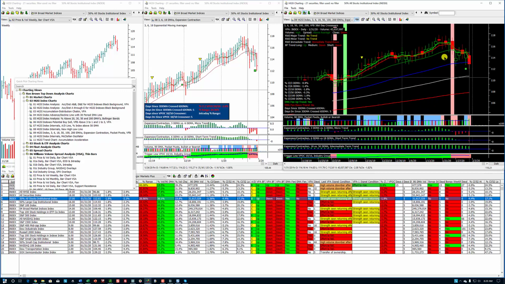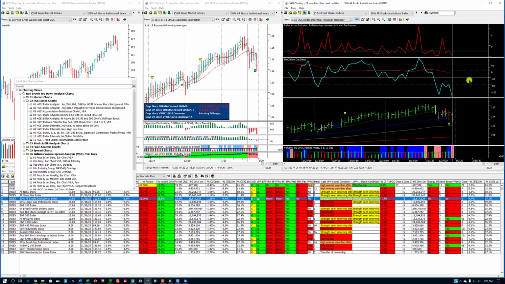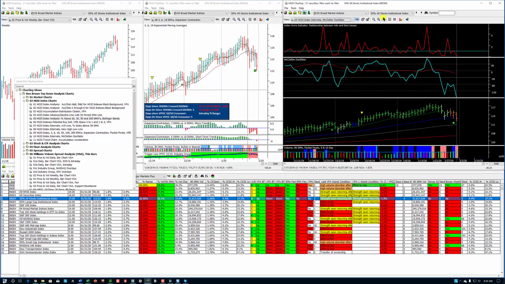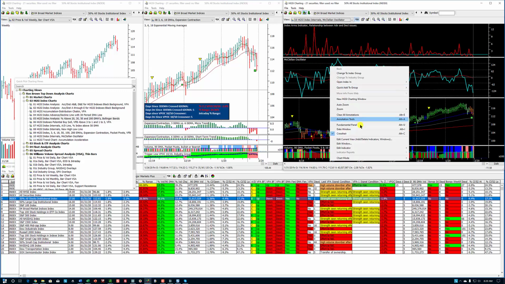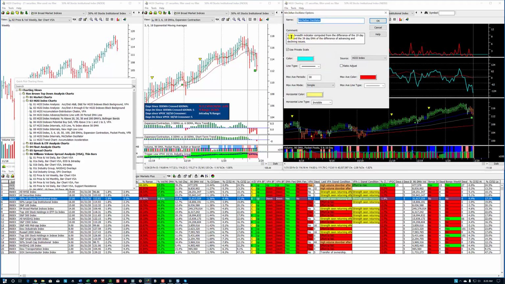McClellan Oscillator, somebody asked me to put this in. Right here, just right mouse click and you can read what it is. It's a breadth indicator, the difference of the 19 EMA and the 39 EMA of the differences of advancing and declining issues.